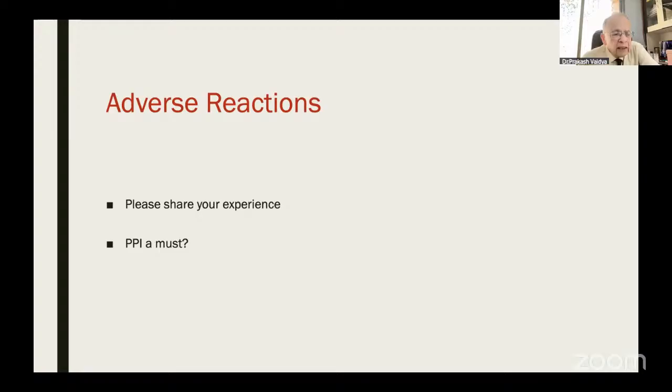So the adverse reactions are mainly gastric intolerance, GERD, and Mukesh, do you think PPI should be bundled with every prescription of Oseltamivir? No, as it is, we misuse PPIs, so definitely not. In fact, I have had a very good experience with the safety profile of Oseltamivir. I've almost never required anything further than just a little bit of reassurance.